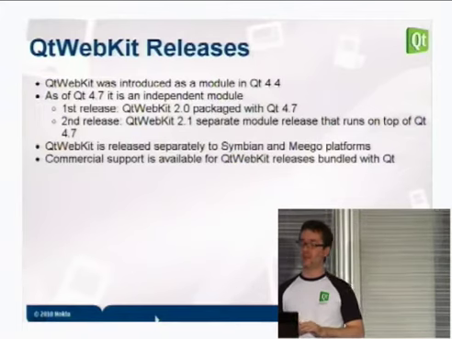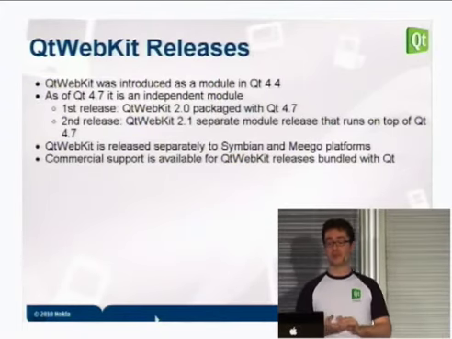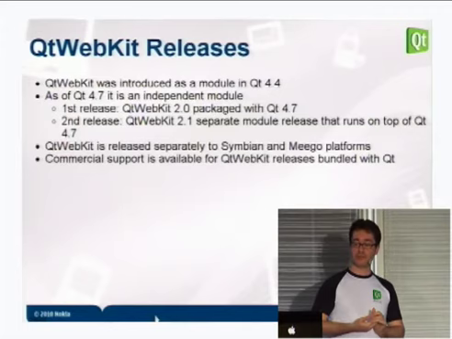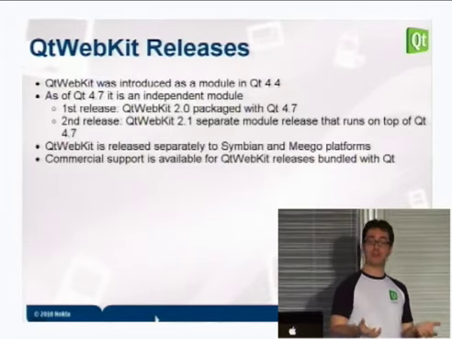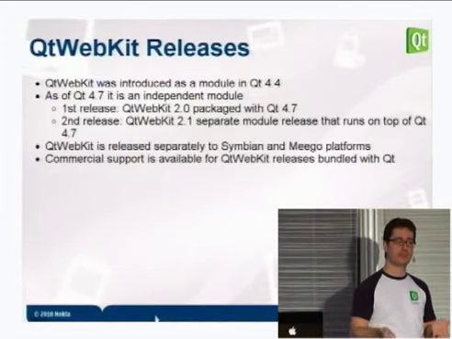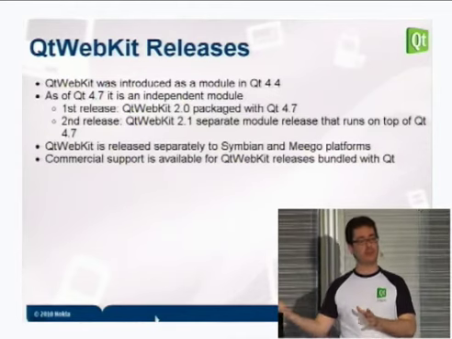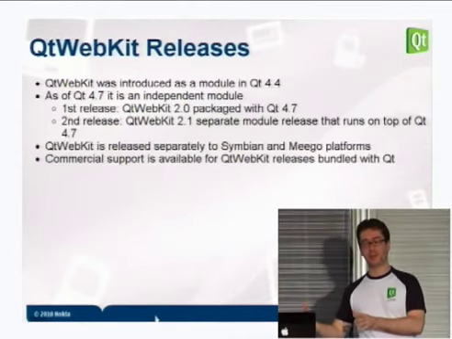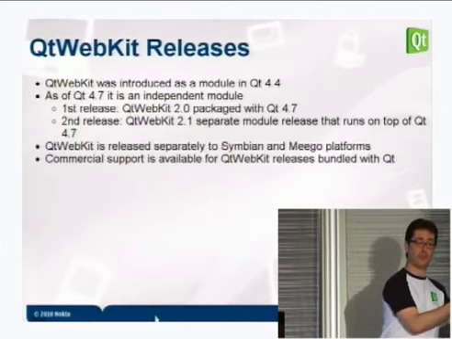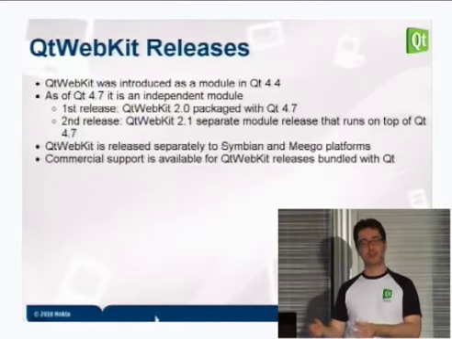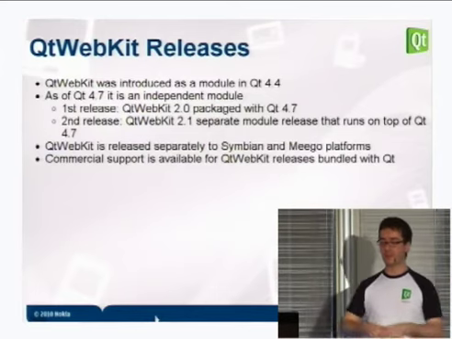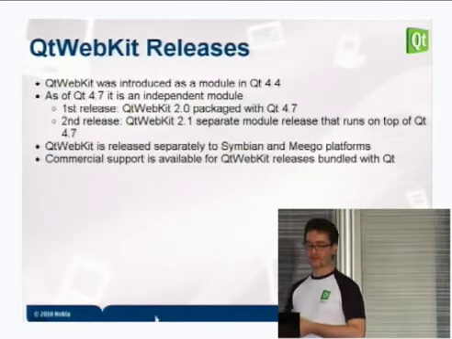I've blogged about this a while ago, but I'd like to really emphasize this. The separation is something we've started with Qt 4.7 by introducing a different versioning scheme. So since Qt 4.7, we call the version of Qt WebKit that is in it Qt WebKit 2.0. And the next version is going to be called 2.1 and 2.2 and the like.